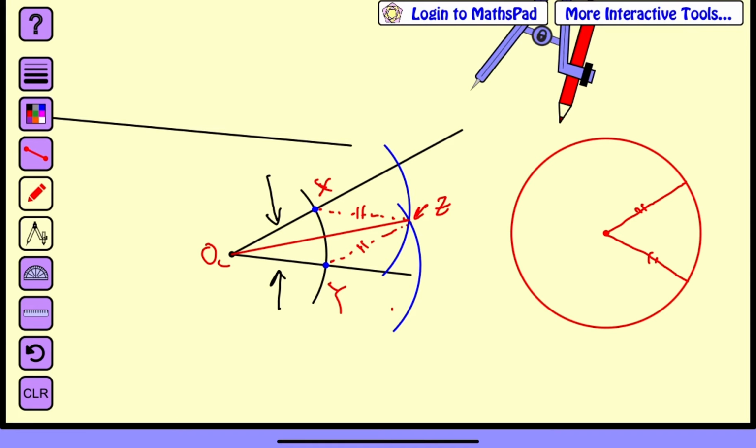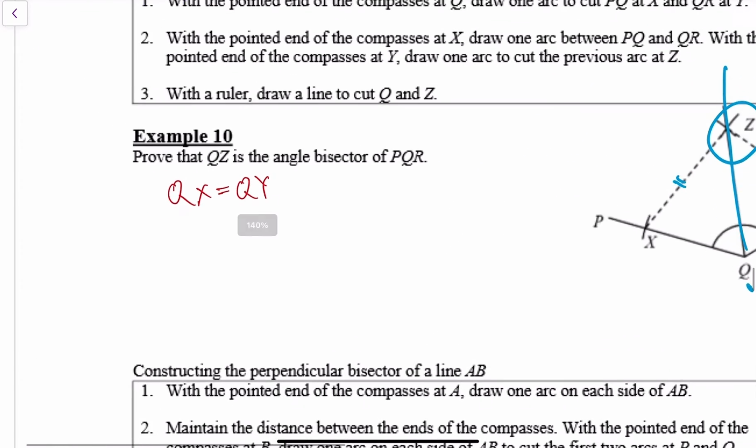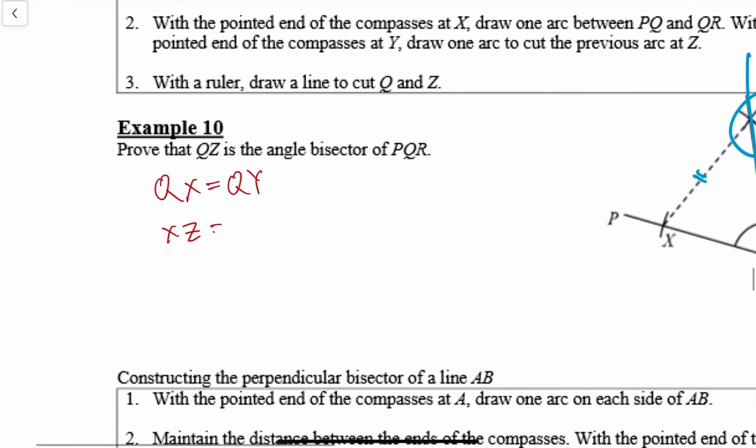So you see that I have this and this also equal in length, and therefore I can prove that XZ equals YZ. Hope you still remember the process of forming the 3 points that I just mentioned. And then the last one, when you connect the points, QZ is equal to QZ, which is a common side.